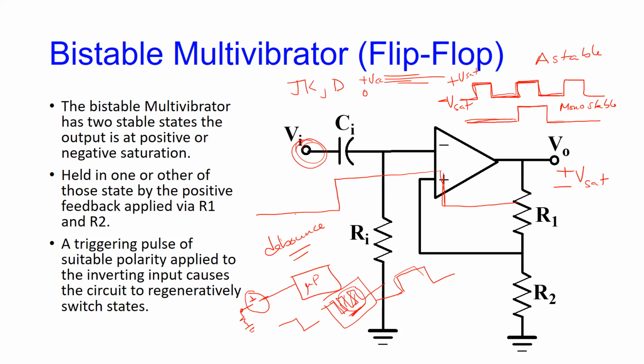So again, it's unknown where it will actually start. The only one that will start on the minus VSAT is the monostable one.